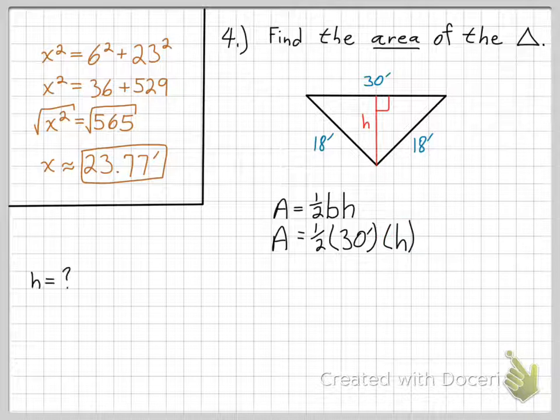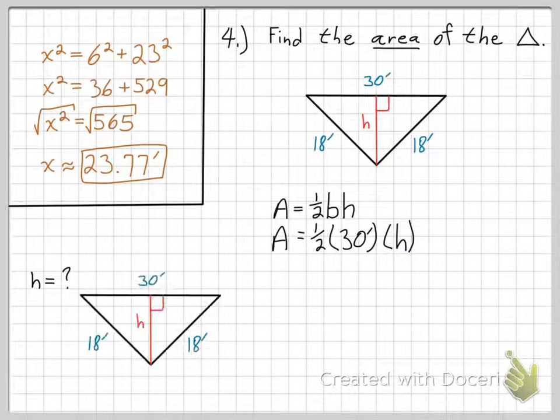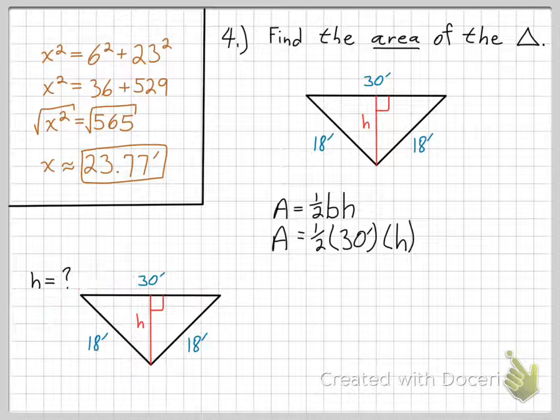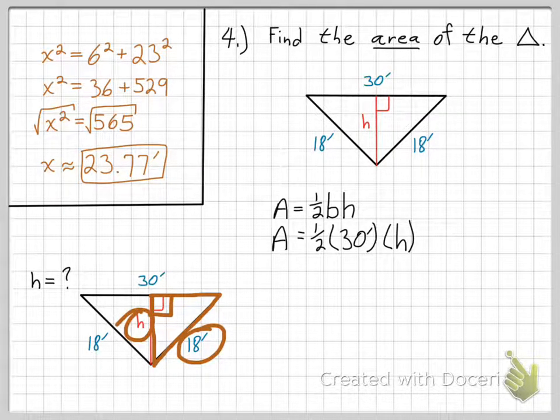Well, I can use the Pythagorean theorem to help me find that out. So we have this triangle here. I just recopied this. What I want to show you with this triangle is that this portion here is a right triangle, right? We already went over that. So we can use the Pythagorean theorem, which states that the hypotenuse squared is equal to that squared plus this length squared.